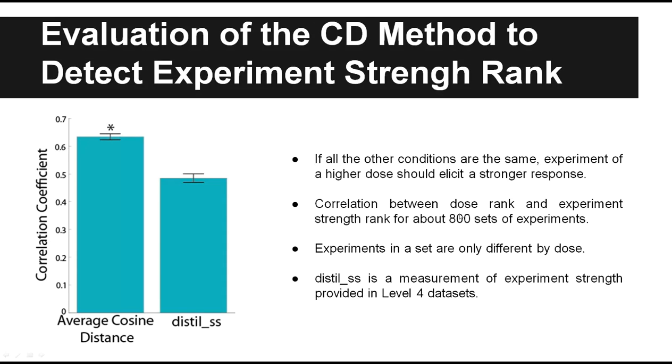So we correlate the dose rank and the experiment strength rank for about 800 sets of experiments, where the experiments in one set differ only by dose. We expect the experiment with higher dose to be stronger. This is the correlation. You can see that the average cosine distance is more correlated with dose than these two other measures.